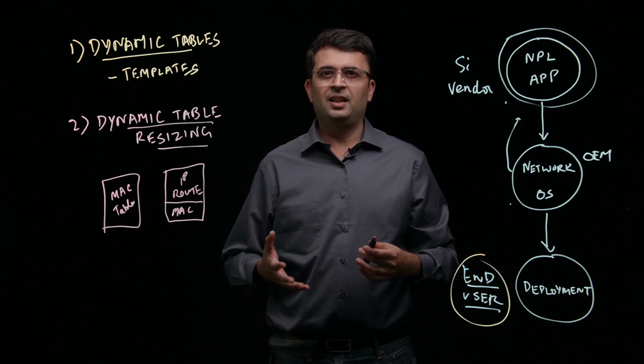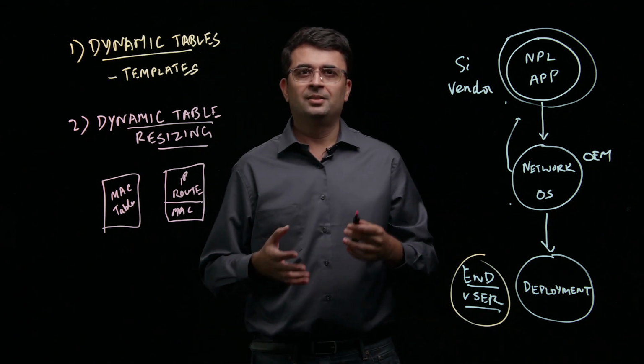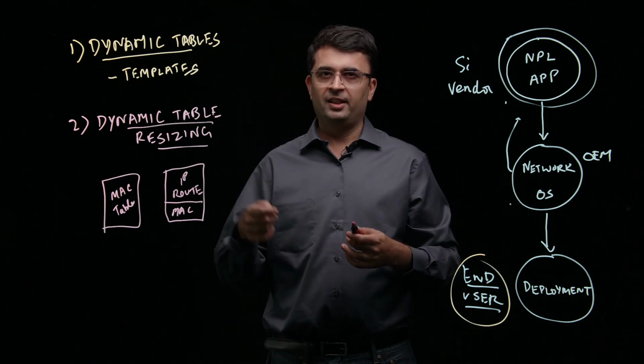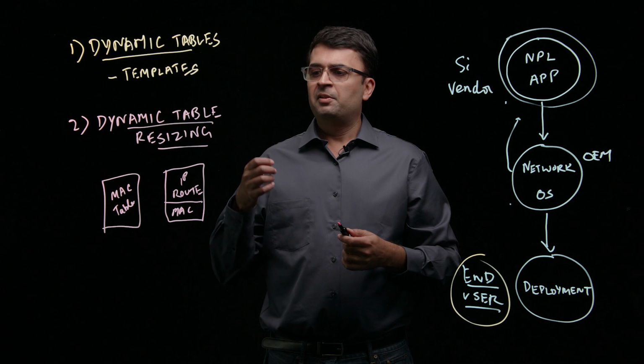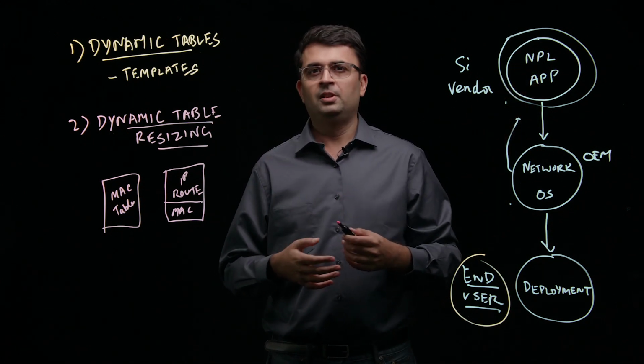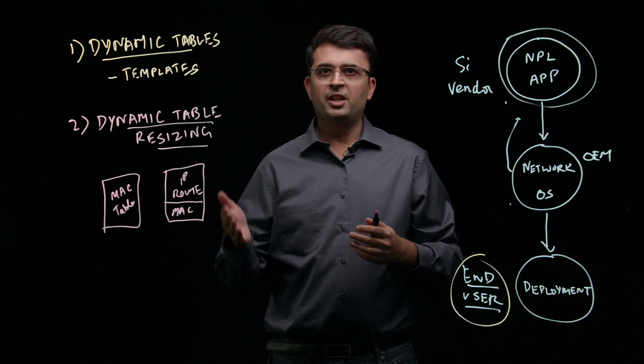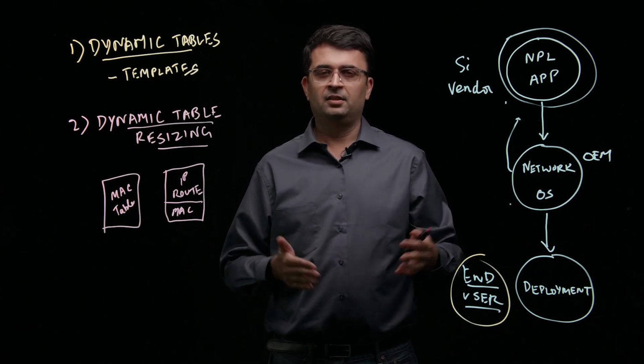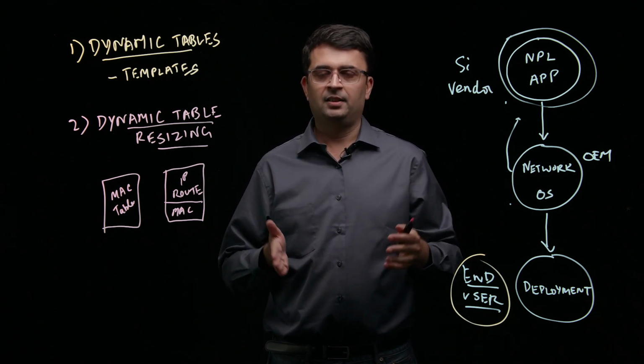And at a language level, there's a fairly basic primitive concept that enables this. Whenever an NPL developer creates a logical table, they specify a minimum and a maximum size. So it's not just one size.